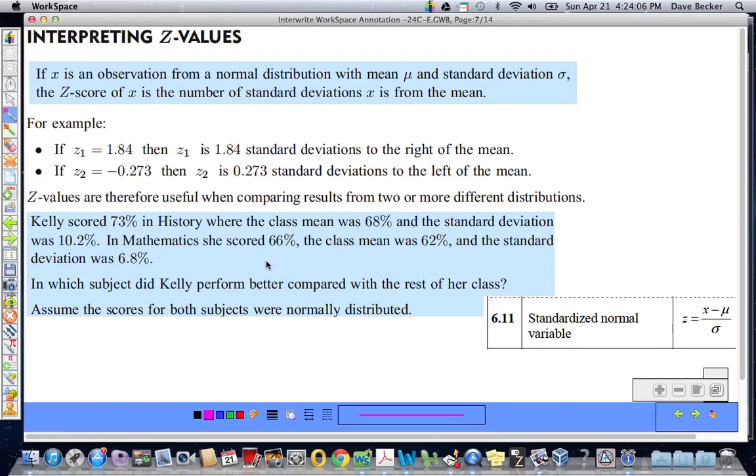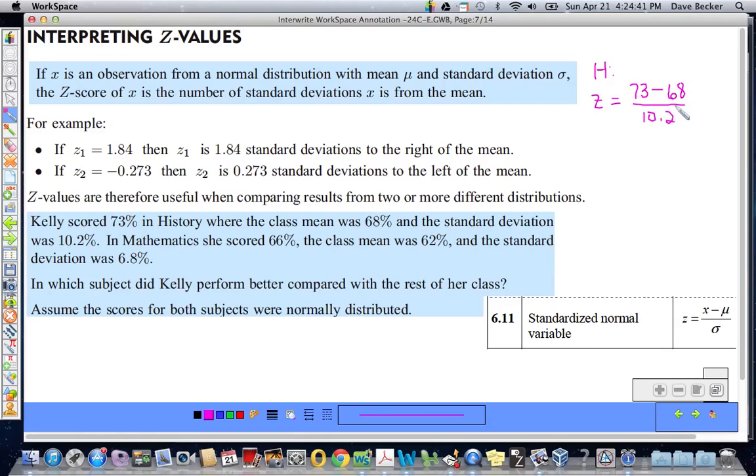So in order to do that, all we have to do is find the z-score. Let's do it for history. Since it's all in percents, I'm just going to drop the percent. Z is going to be the piece of data, 73, minus the mean, which was 68, divided by the standard deviation, which is 10.2.